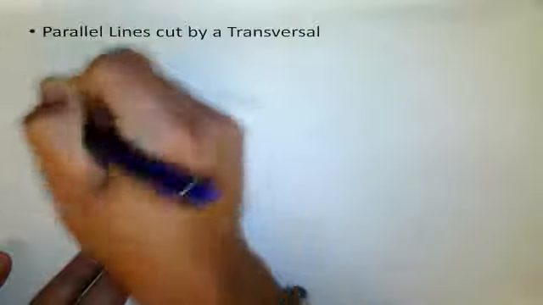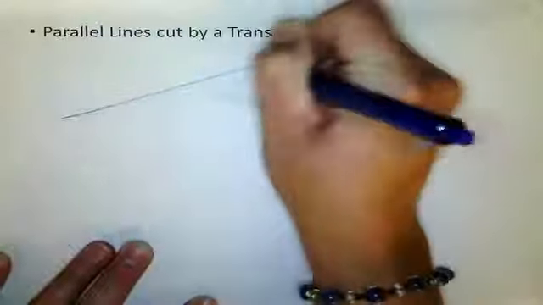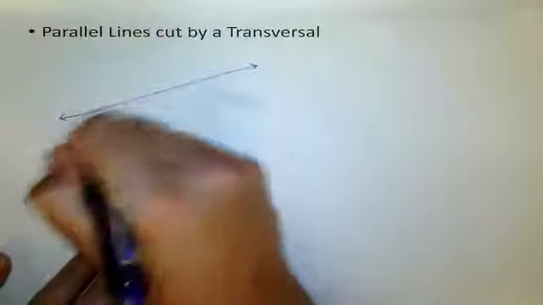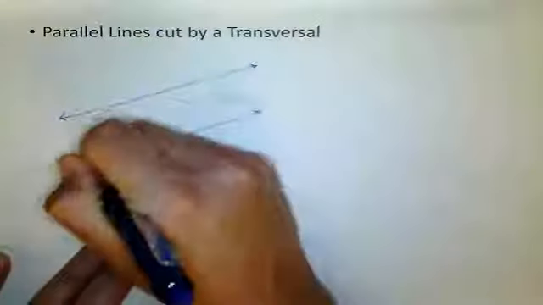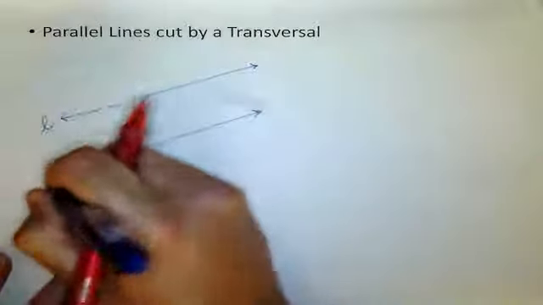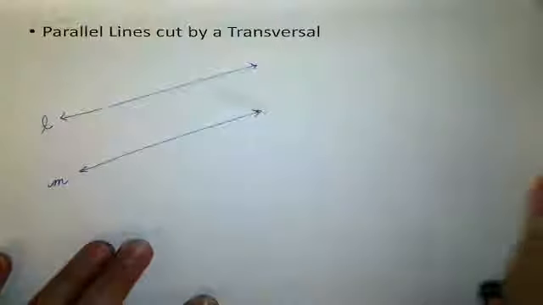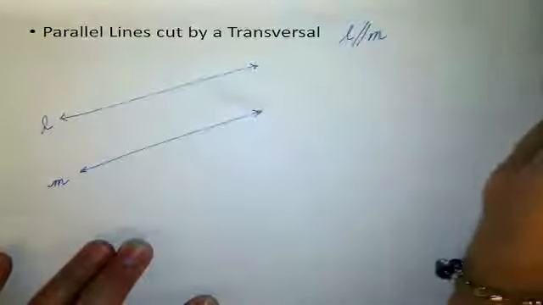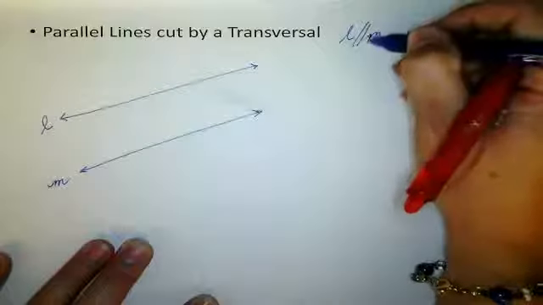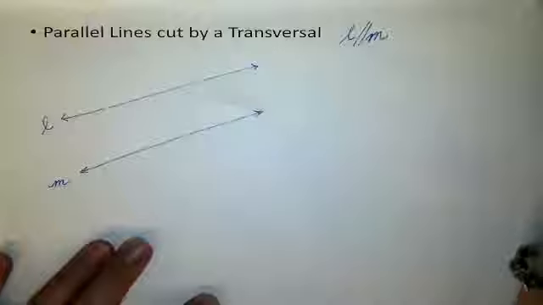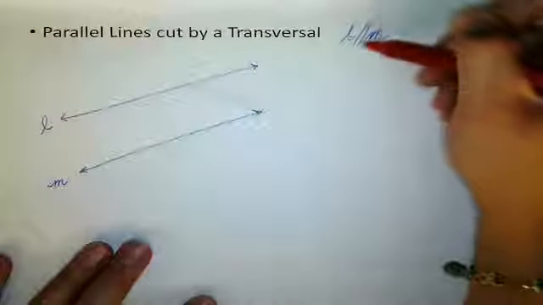So let's say here's one line, and of course a line has arrows that go on forever in both directions. And then here's another line, and I'm going to do some labeling. Line L and line M are parallel. Do you know this little symbol for parallel?